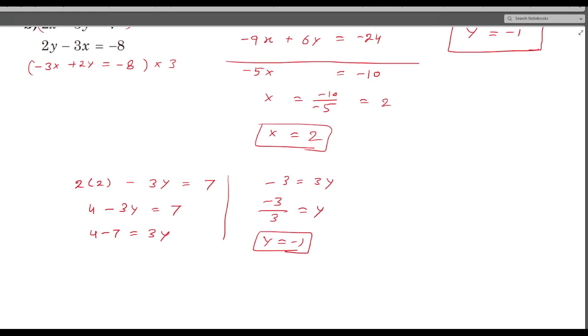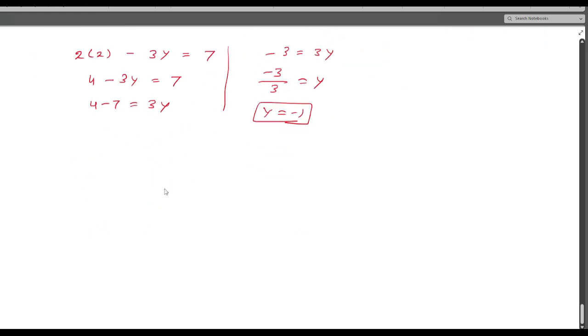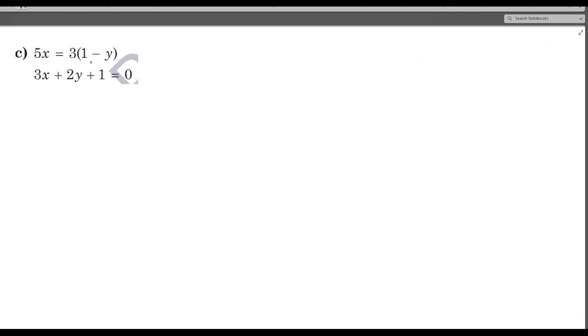Now let us move to C. Okay. So question C, 5x is equal to 3 into 1 minus y, and 3x plus 2y plus 1 is equal to 0. Okay, so I will rewrite these two equations again.